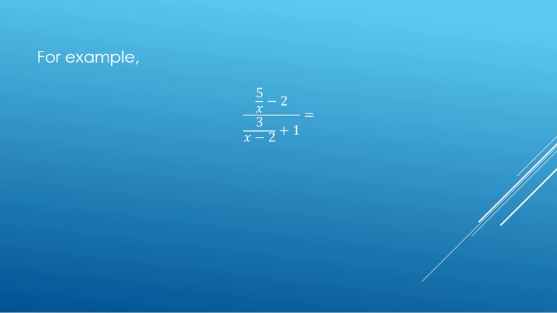So here I have 5 over x minus 2 all over 3 over x minus 2 and then plus 1. So I'm going to look at this thing. I see two smaller fractions happening within the larger fraction. I got the 5 over x and the 3 over x minus 2.